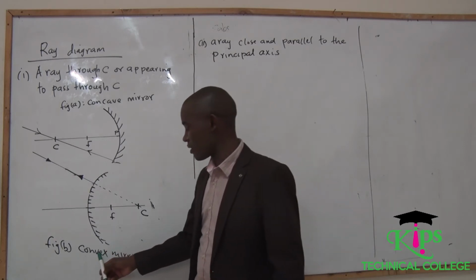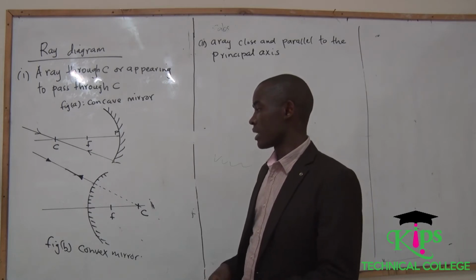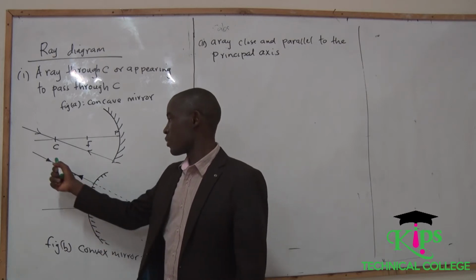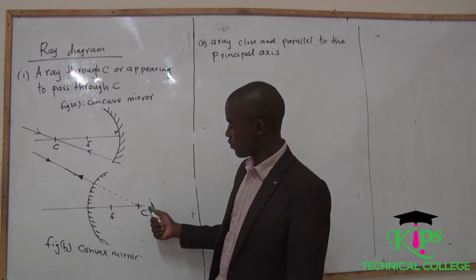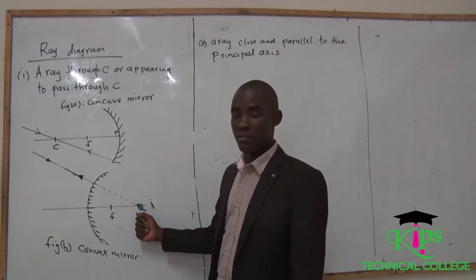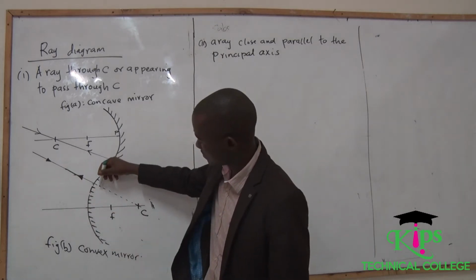When you look at a convex mirror, when a ray is directed to the convex mirror, that ray will come and it will be reflected back as if it was passing through the other side of the curvature. So that is why you can see it is coming, and this one is imaginary.